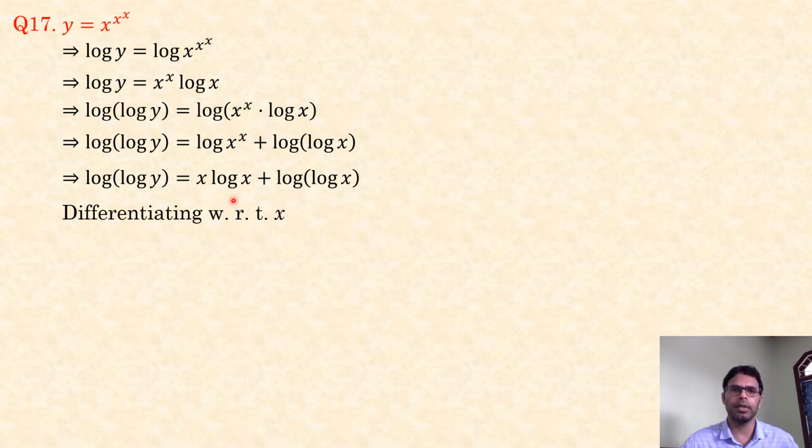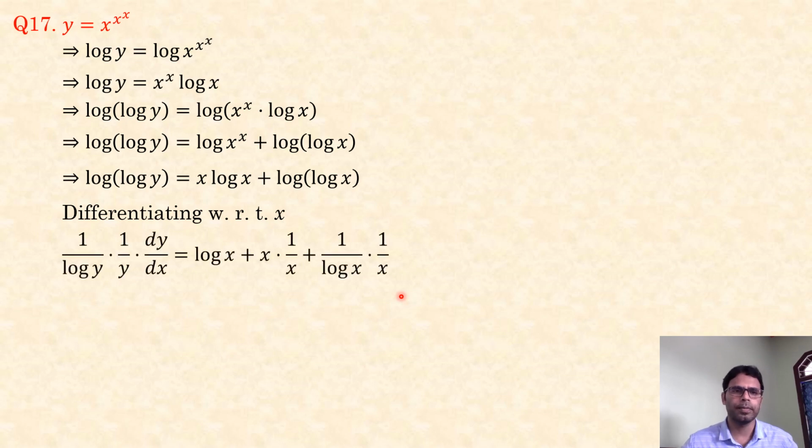This is a product function, and this is log log x, so this log differentiation, then this log differentiation. Okay, so I am writing that one, it will be clear to you. So the first log differentiation is 1 by log y into, then the differentiation of the log is 1 by y into the differentiation of y, which is simply dy/dx.